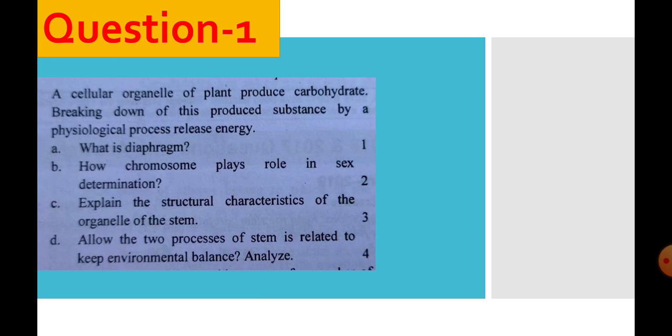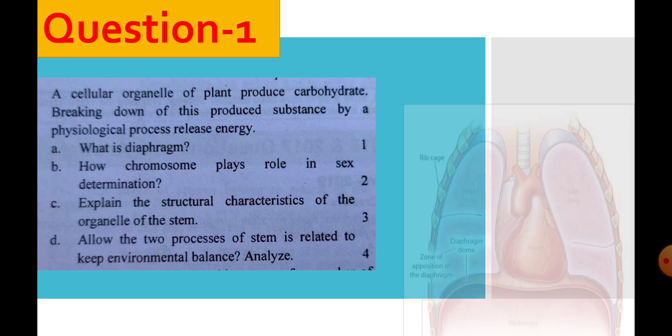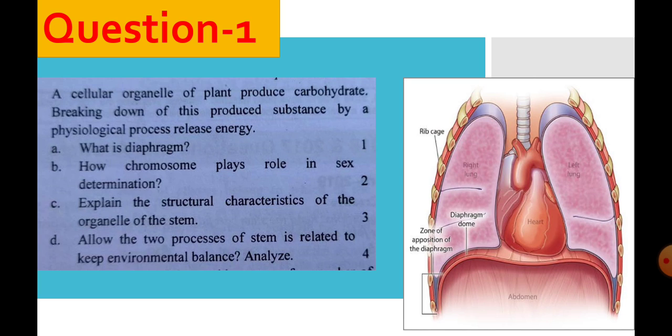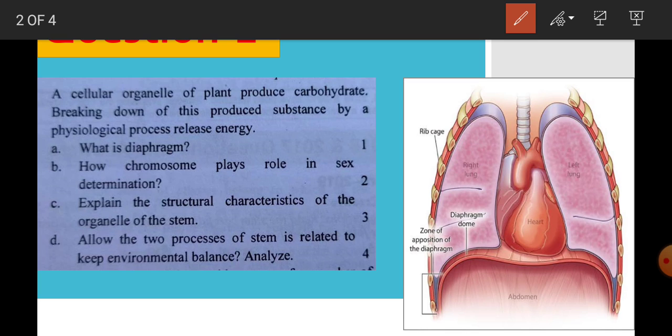In A, you are seeing that question A is: what is diaphragm. You have already known about this organ in chapter 7, which is a respiratory system organ. In this figure you can see the diaphragm.